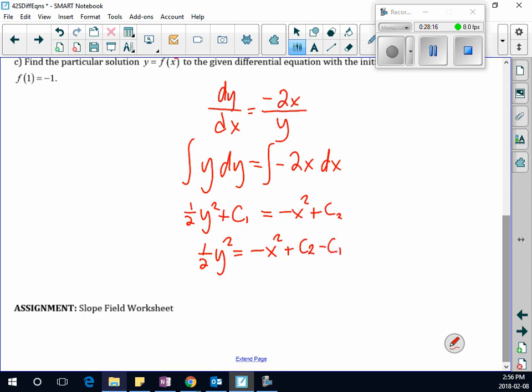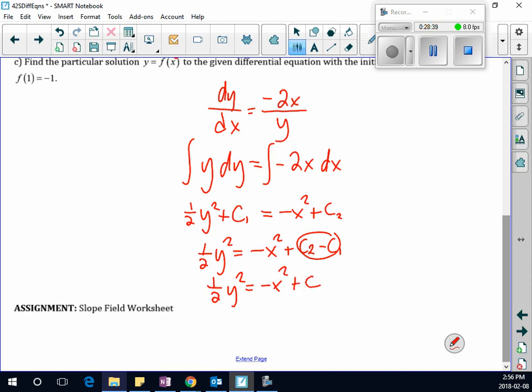Now, if you think about this for a second, once we start solving this, although they're different, we can, and this will blow your mind, actually just make this into c. We don't even have to call it c3. It's just a new constant. We're calling it c. So we get 1/2 y squared equals negative x squared plus c.